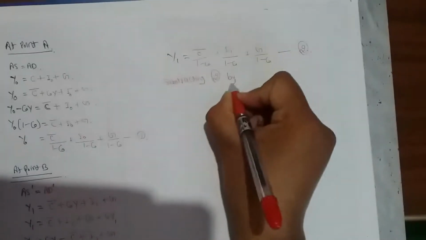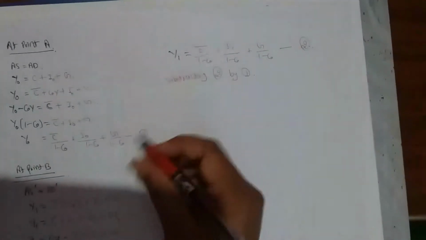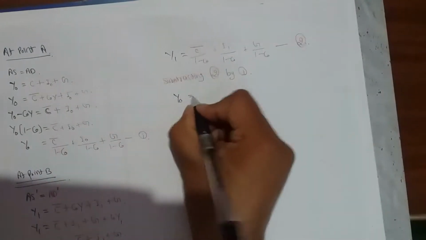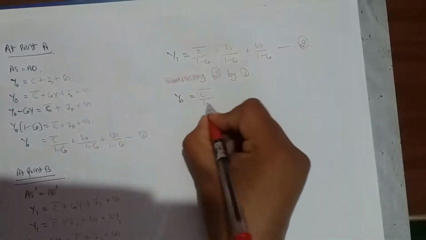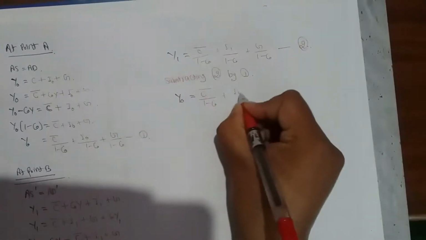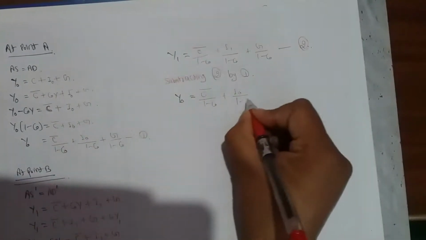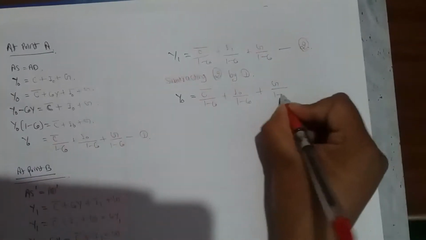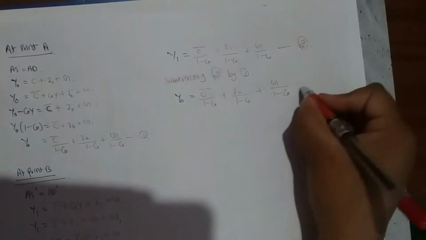Subtracting equation 1 from equation 2, right? Equation 1 is y naught equal to C bar over 1 minus c naught plus I naught over 1 minus c naught plus government expenditure over 1 minus c naught.